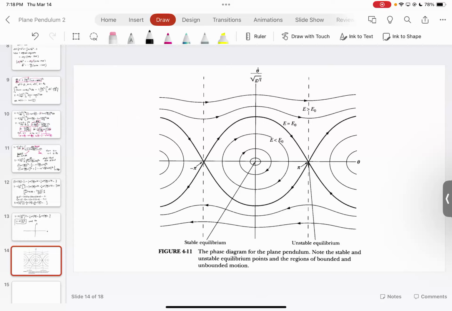Okay, when E is equal to E naught. Ang E naught dito is 2 mgl.